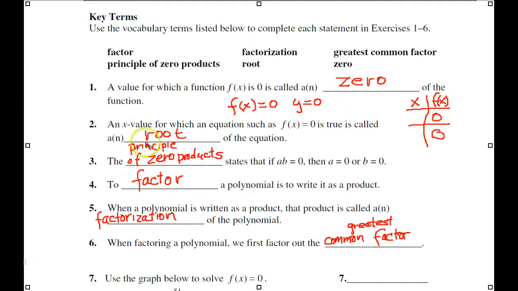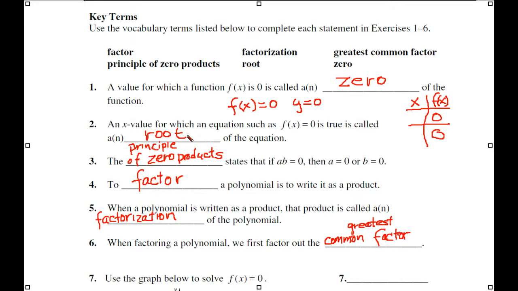Now in number 2, the x value for which a function is 0 is called the root of the equation. So root is a synonym for solution. And we'll show you some examples of this as we go on.